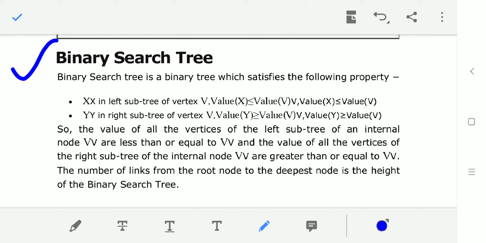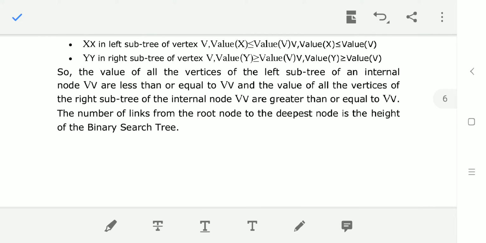X in left subtree of vertex V, value of X is less than value of V, and Y in the right subtree of vertex V, value of Y is greater than value of V. So the values of all the vertices of the left subtree of an internal node V are less than or equal to V, and the values of all the vertices of the right subtree of the internal node V are greater than or equal to V.